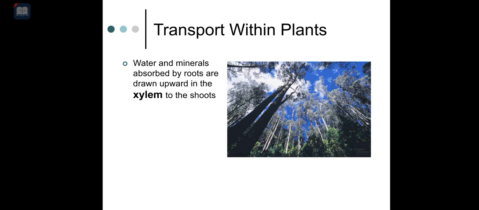Phosphorus and other minerals absorbed by the root are transferred through the xylem in an upward direction, to the shoot.